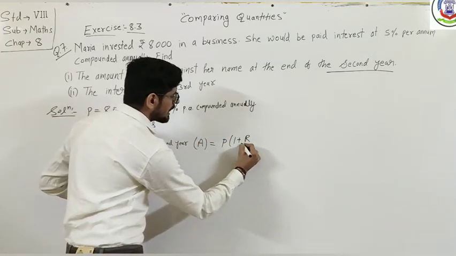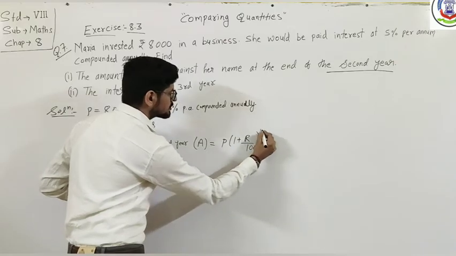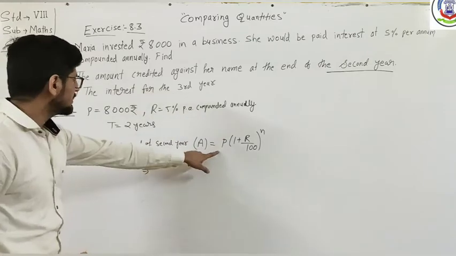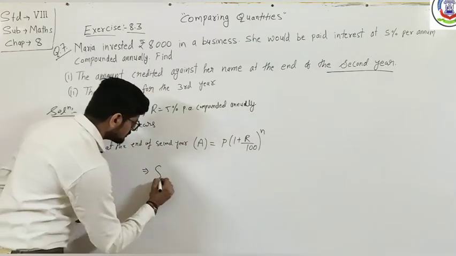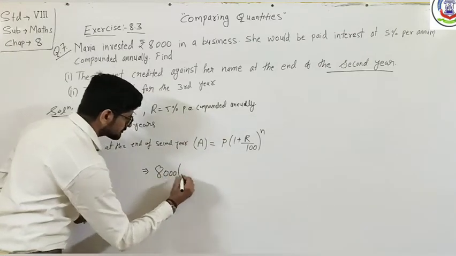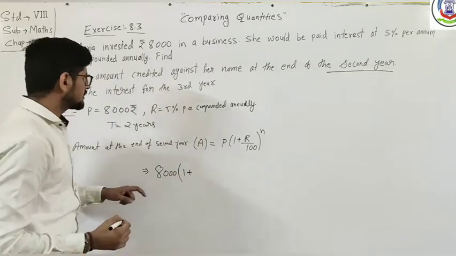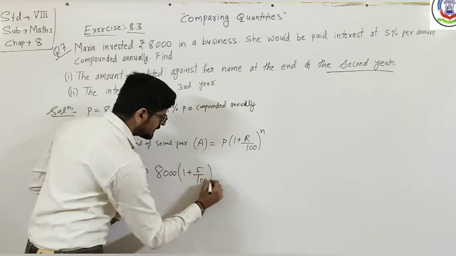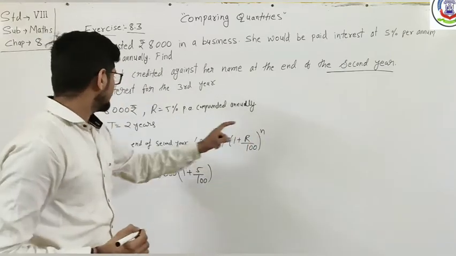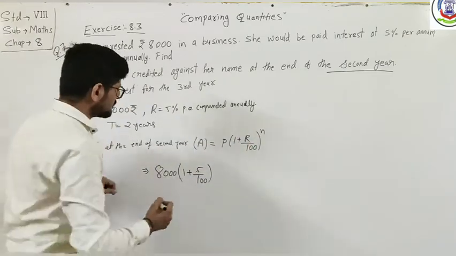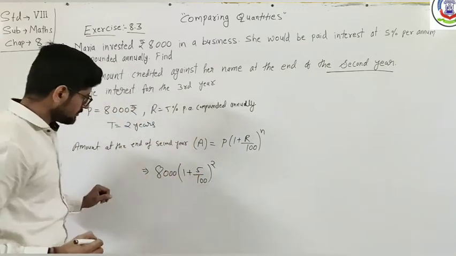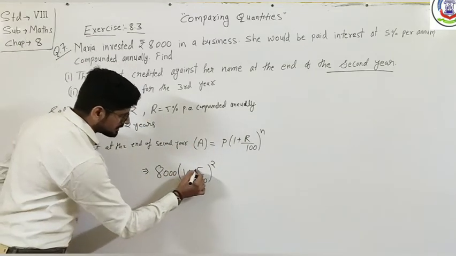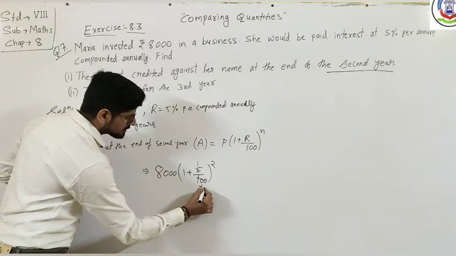P(1 + R/100)^n. So our P is rupees 8,000 and 1 + R is 5 by 100 and n is the time period, meaning 2 years. Clear? So you will get here 5 ones are 5 and 5 twos are 10.